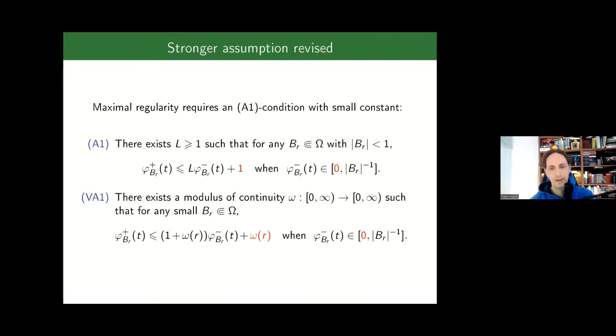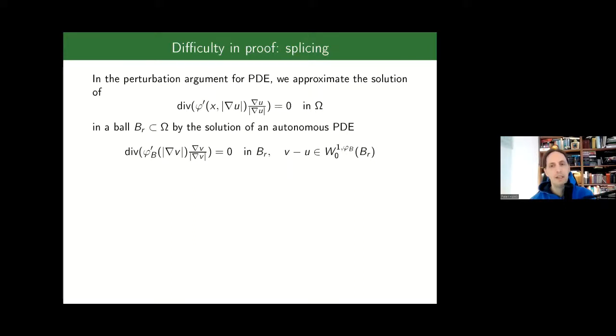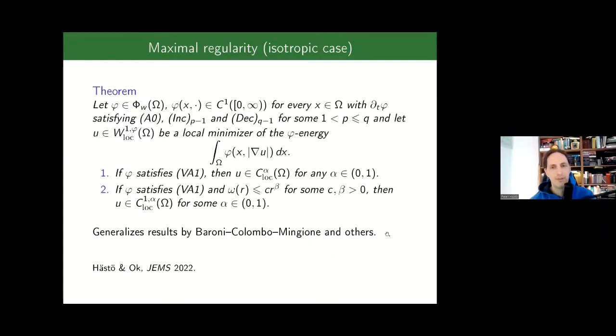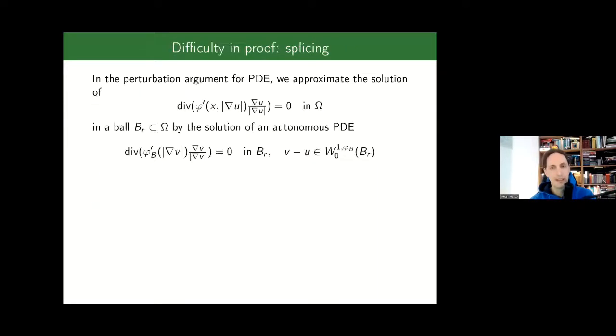So this new version of the condition, and well, the proof of this theorem, I will not go through that in any detail. It was quite long, but one of the main challenges was to use this perturbation argument. So the argument itself is quite clear.